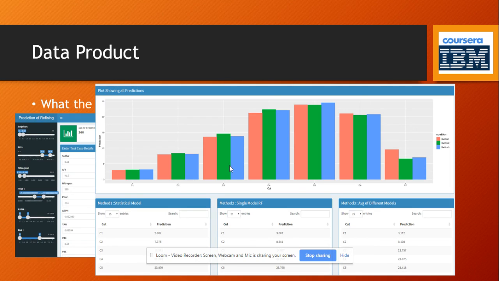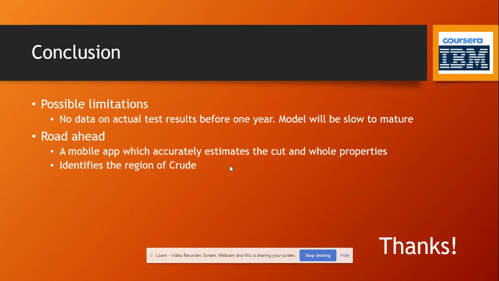So the possible limitations are we do not have the actual test data from the lab, and in order to see how well the model is working, we'll have to wait for a year till the next assay is produced.